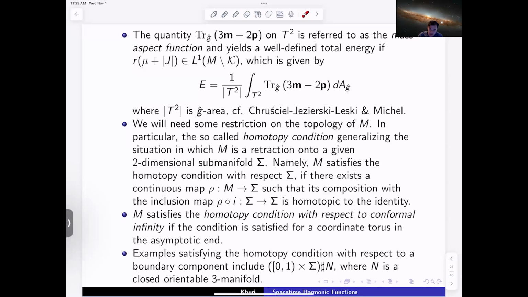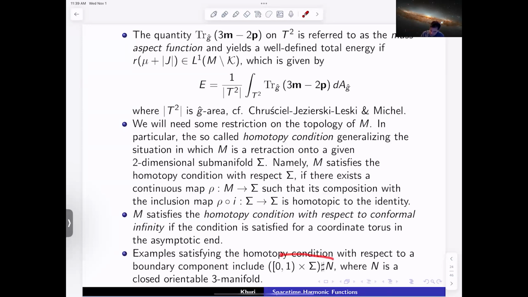It doesn't even make sense in this space. But asymptotically radial functions, where the level sets are thought of as these tori that extend out to infinity. We need some extra topological conditions, say it's a homotopy condition, which says that we have almost a retraction to the conformal infinity. This controls, so we don't have these spherical level sets that block infinity from the interior boundary.